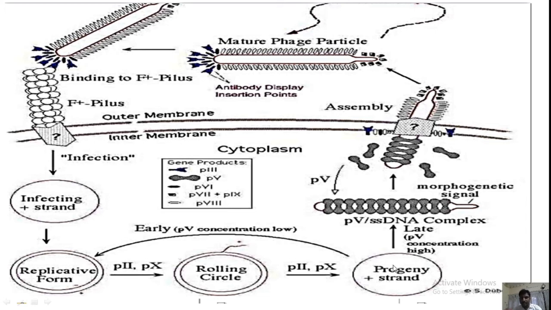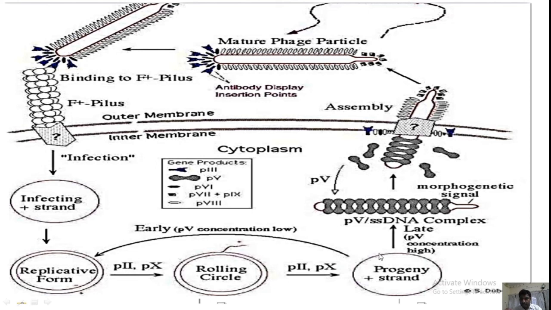And then this single stranded phage genome gets coiled, and it may be recognized by gene 5 protein. See, these are the gene 5 proteins. So these gene 5 proteins recognize the single stranded DNA. These gene 5 proteins are exactly similar to SSB proteins, or single stranded binding proteins, which come into play during the DNA replication process.